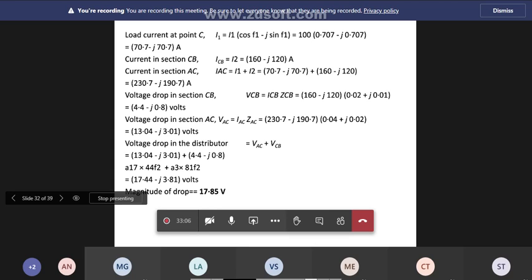Now we have calculated impedances and currents. Now calculate the voltage drop in section CB. VCB is equal to ICB into ZCB. So this value is 4.4 minus j 0.8 volts. Now the voltage drop in section AC, VAC is equal to IAC into ZAC, similarly this value.